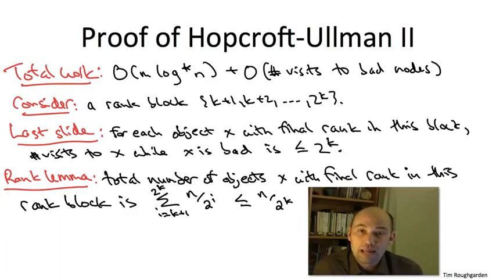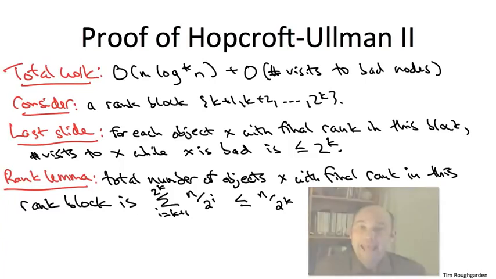Specifically, we structured the rank blocks so that this magic would happen. The number of inhabitants of a rank block, n over 2 to the k, times the maximum number of visits to an inhabitant while they're bad, 2 to the k, is actually independent of the rank block. We multiply these two things together, the number of visits per object 2 to the k, the number of objects n over 2 to the k. What do we get? We get n.